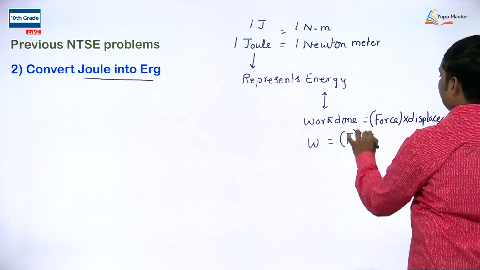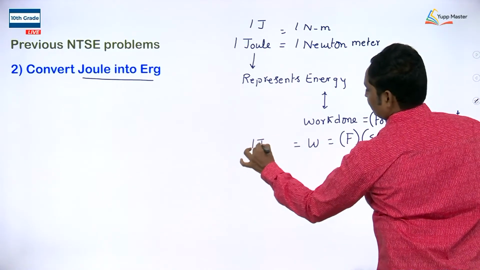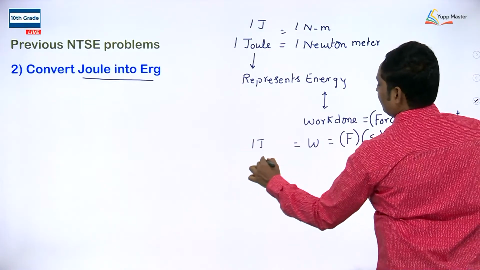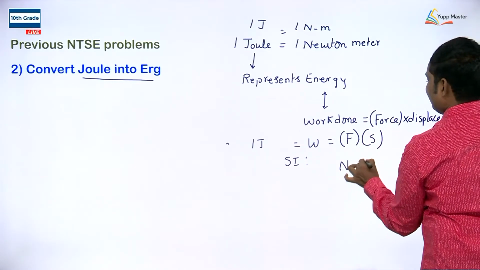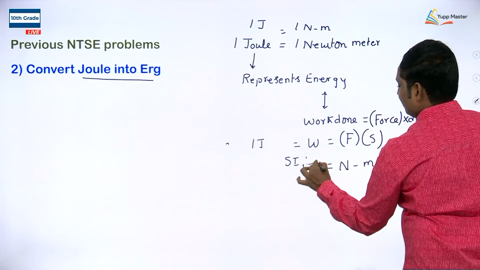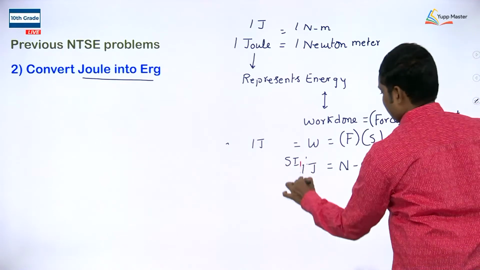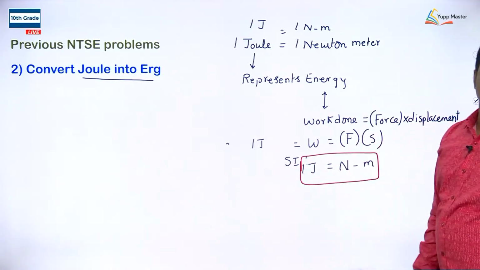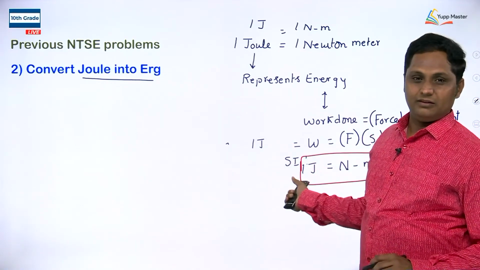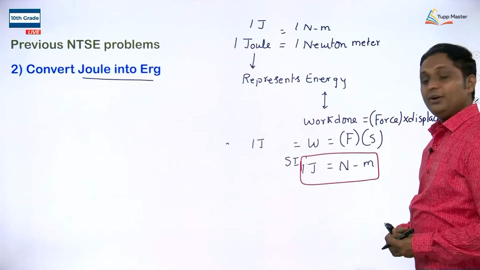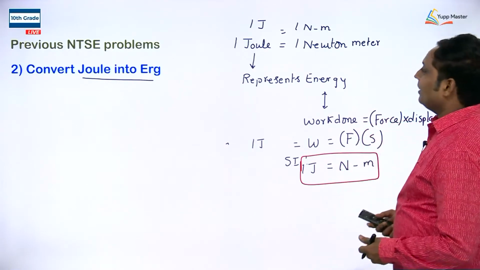In SI system, 1 joule is equal to Newton meter. Are you getting this point? 1 joule is equal to 1 Newton meter, we have clearly understood that. Now, let us go for the conversion. What about the erg?